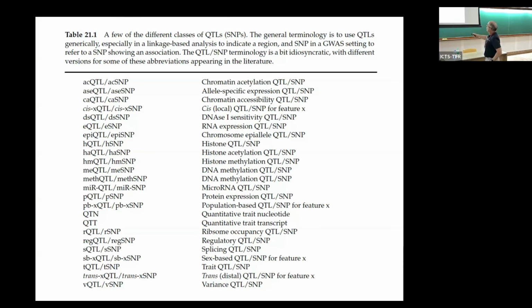Or I can look for protein levels, or chromatin assembly, or chromatin acetylation, or histone acetylation. Those are all things where I can look for variation, and you find them. So these are regulatory SNPs, and the idea is these regulatory SNPs are some of those unknown regulatory factors that influence your trait downstream.